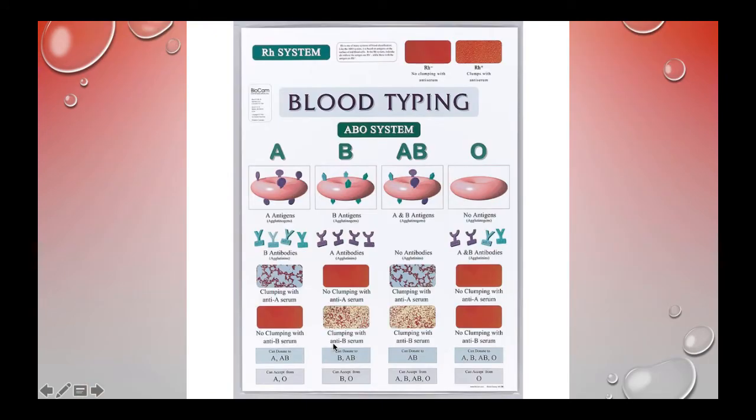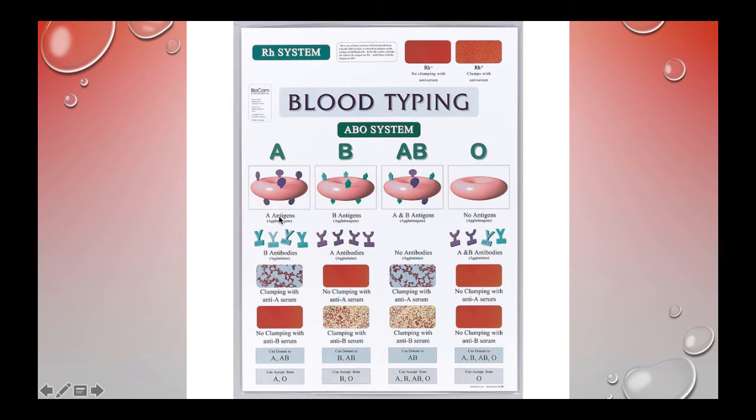So what's particularly interesting then is, of course, who you can donate to. If you are type A, then you can donate to preferably type A. You can also donate to type AB.